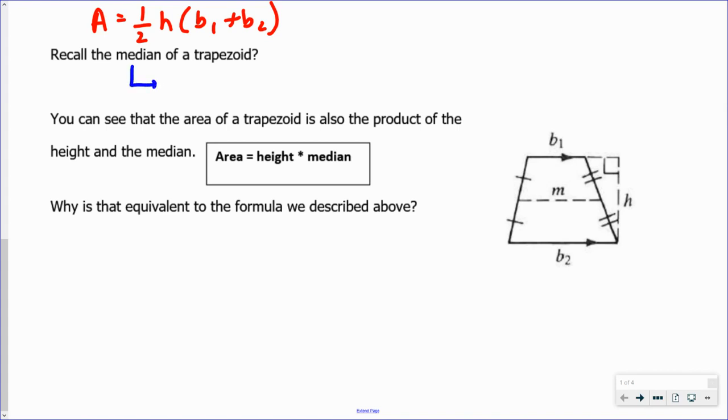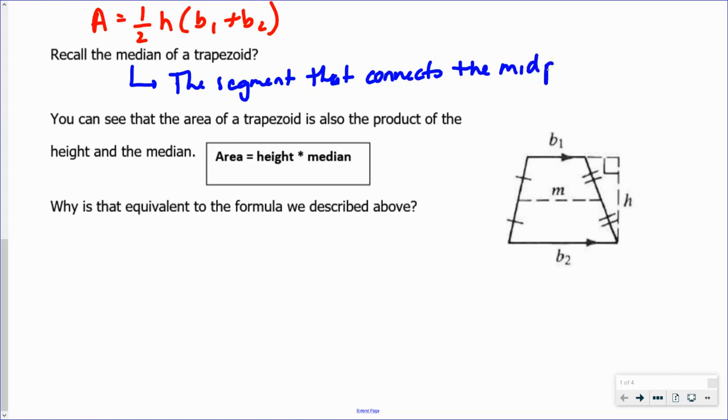The median of a trapezoid is the segment that connects the midpoints of the legs of a trapezoid. Okay, so that's what a median is.